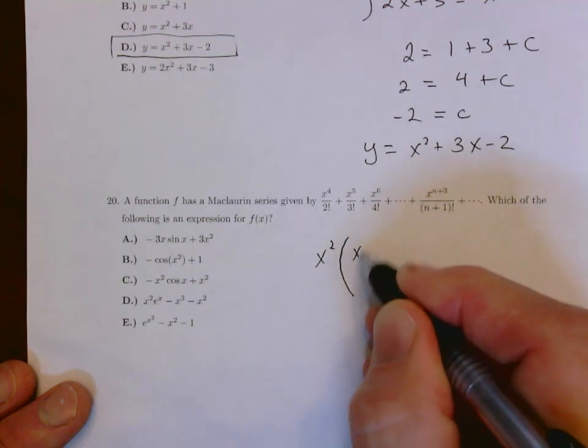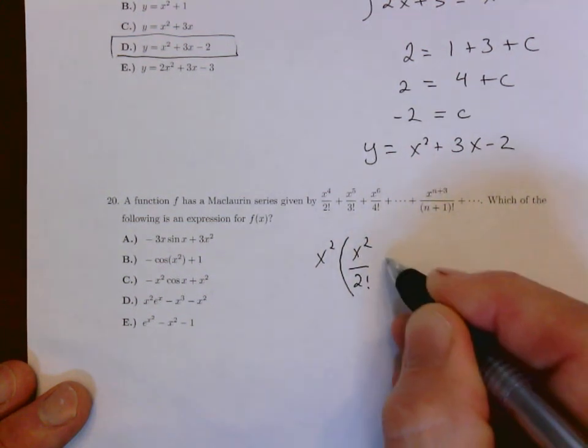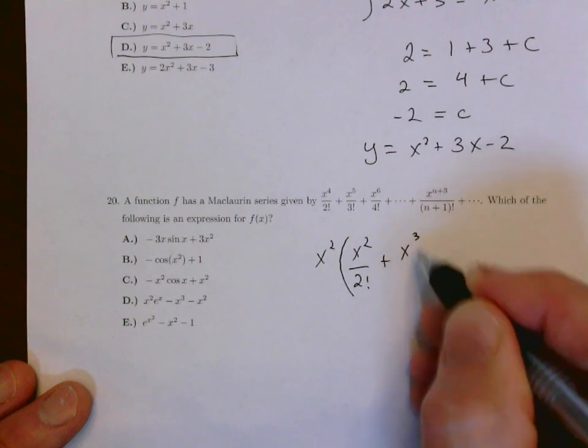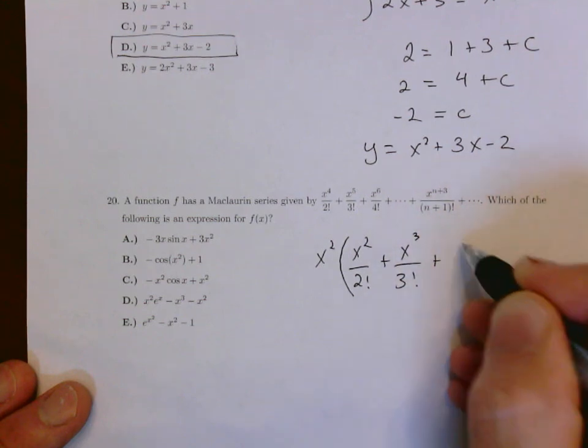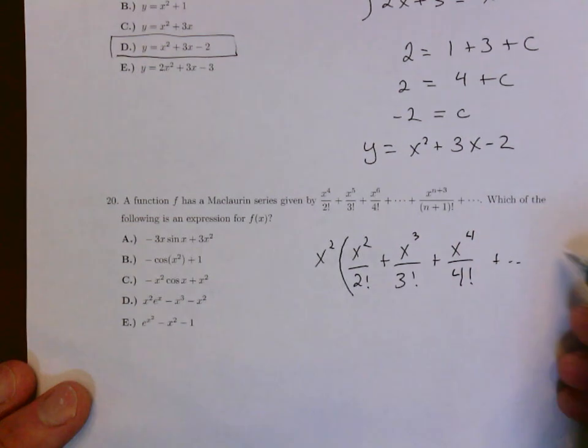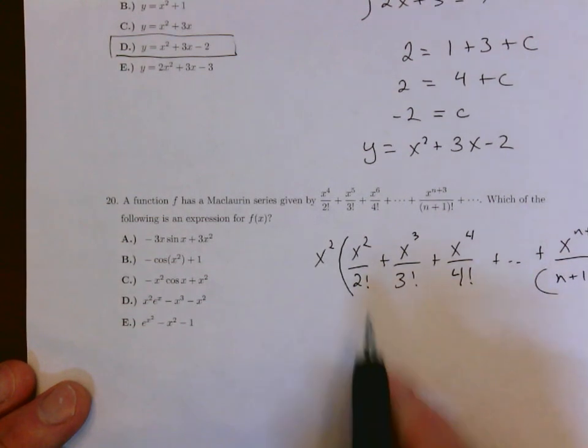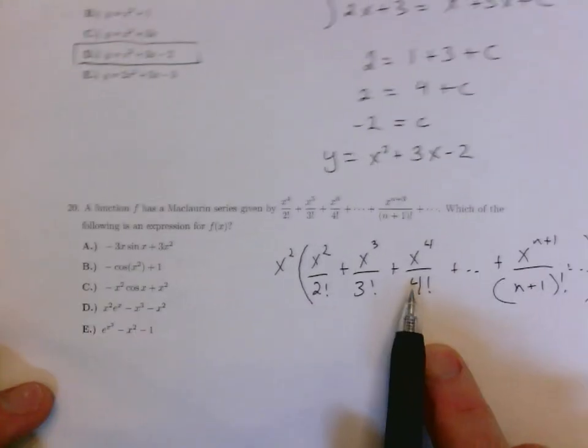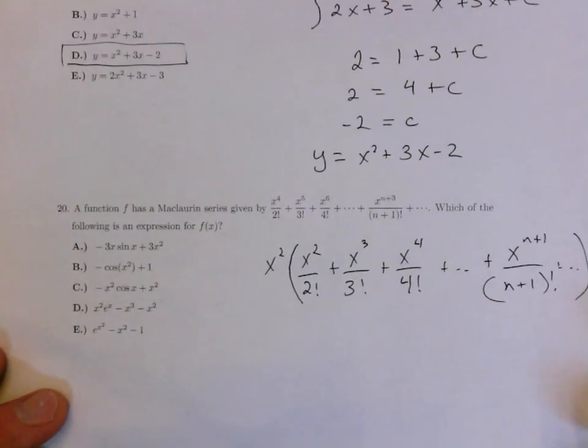In doing so, I have x squared over 2 factorial plus x cubed over 3 factorial plus x to the fourth over 4 factorial plus and so on, all the way up to x to the n plus 1 over n plus 1 factorial. Okay, it's really close now to e to the x, but it's not quite. It's missing a few pieces.